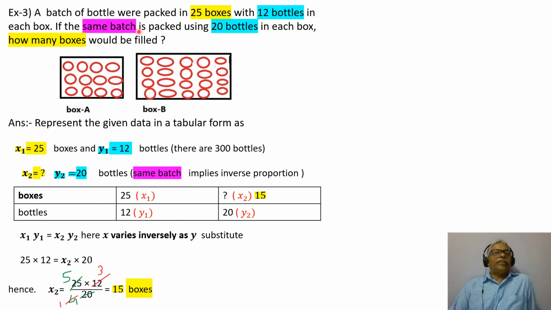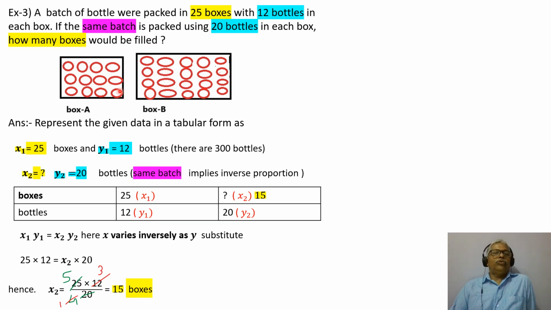If the same batch is packed using 20 bottles in each box, earlier there were 12, now they increase the size of the box and keep 20 bottles in each box. How many boxes would be filled?